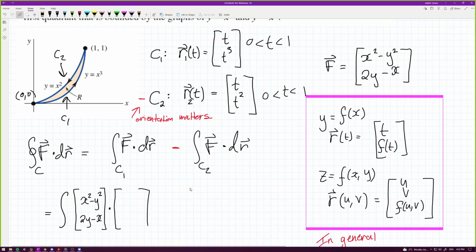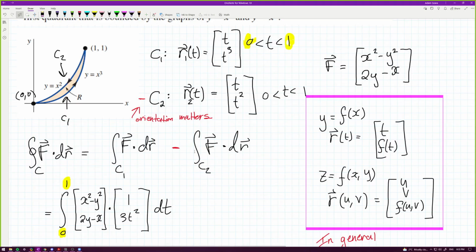You look at your parameterization, I'll explain what the d is after, and you take the derivative of each component with respect to the variable. So the first one with respect to t would just be 1, and then the derivative of the second one with respect to t, 3t squared. And then dt, your bounds are 0 to 1. Same bounds as these guys.